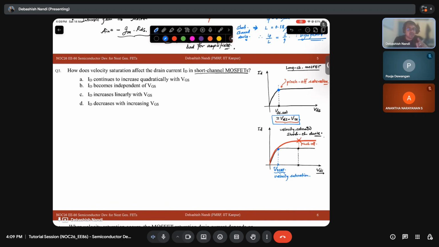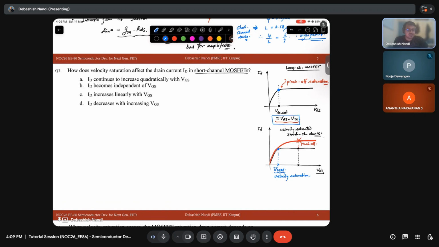Now in your device you have two types of saturation, so you have to be mindful about what your velocity saturation is. How do you see that your device is velocity saturated from the terminal characteristics, that means output or transfer characteristics? That is what we will discuss now.